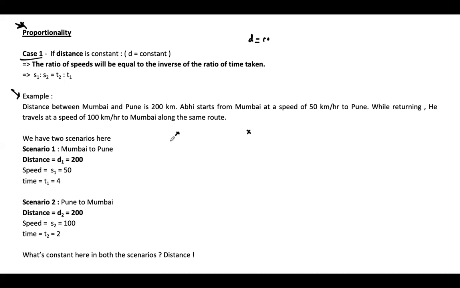The distance between Mumbai and Pune is 200 kilometers. So let's say this is our first scenario. You are traveling from Mumbai to Pune. Distance is 200 kilometers. Go on. Abhi starts from Mumbai at a speed of 50 kilometers per hour to Pune. So what's the time taken? Quickly. Distance 200, speed 50. Time?